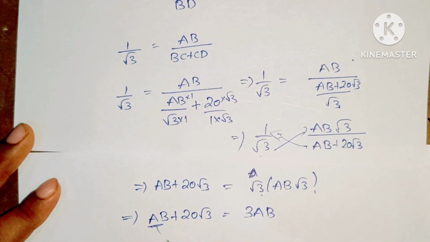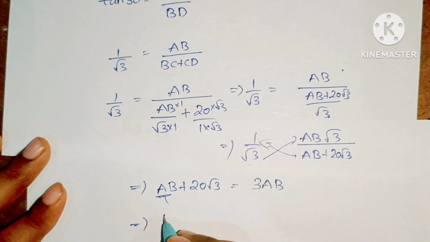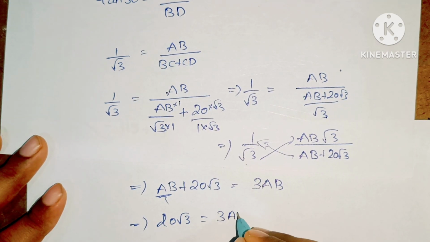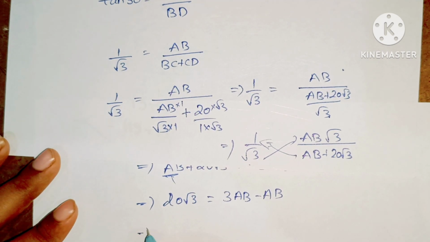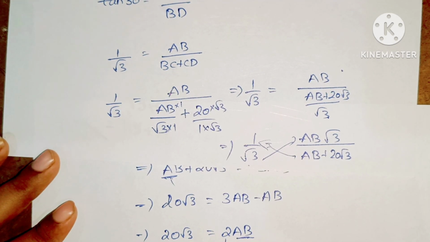Now I transpose this AB to the right side. Then 20 root 3 equal to 3AB minus AB. So 20 root 3 equal to 3 minus 1, that is 2AB. I want AB, so I send 2 to the left side.